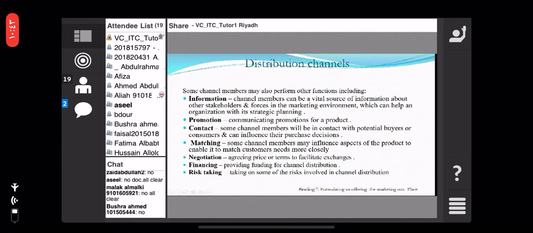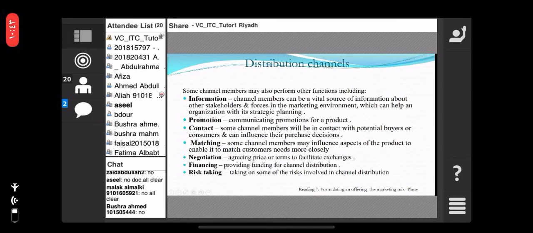Information: channel members can be a vital source of information about other stakeholders and forces in the marketing environment, which can help an organization with its strategic planning. Meaning that they have sufficient information. Promotion: they are basically conducting the promotion of the product for others, communicating promotions for a product.